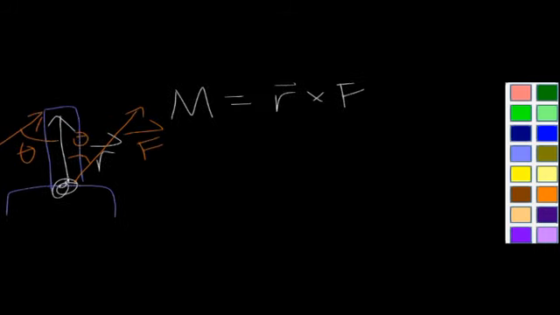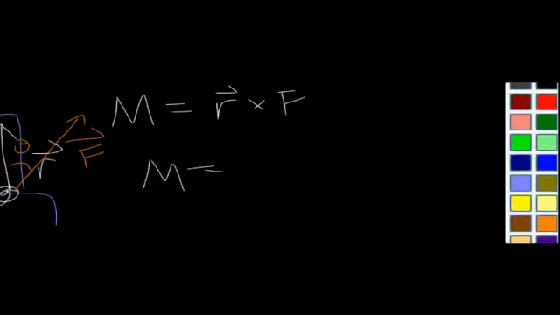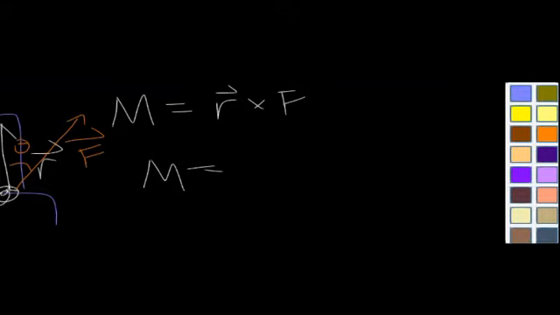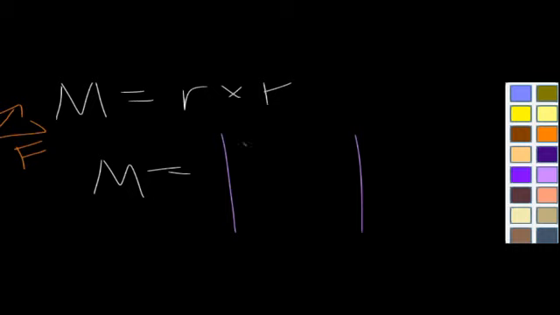Nothing different there. So M again is equal to the determinant of the components. Let's assume it's in a two-dimensional plane. R has components x1 and y1, and F has components x2 and y2.